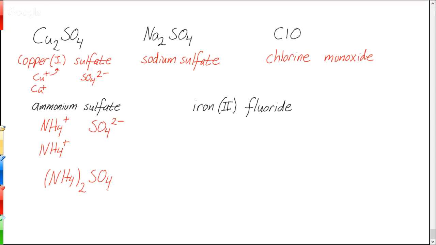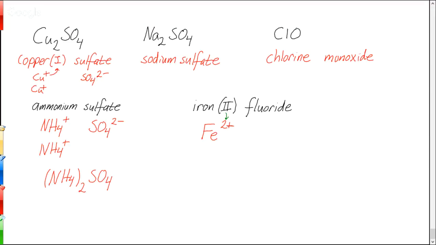Okay. Next one, same thing. We're going to write the ions and then figure out how to combine them. So iron is Fe, and the 2+, remember, we get not from the periodic table, but from the parentheses, from the number in the parentheses. That tells us our charge on the ion.